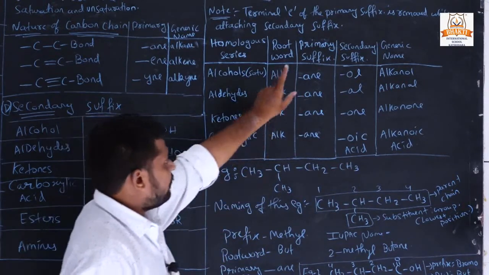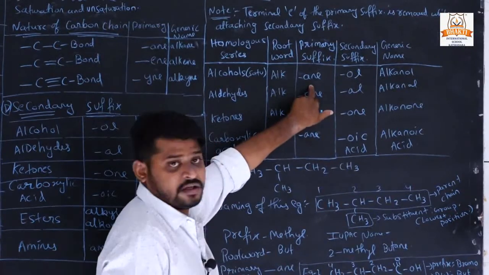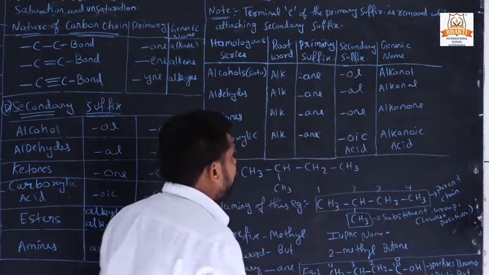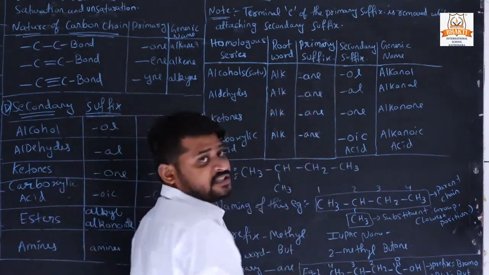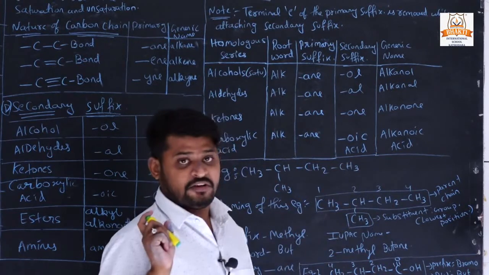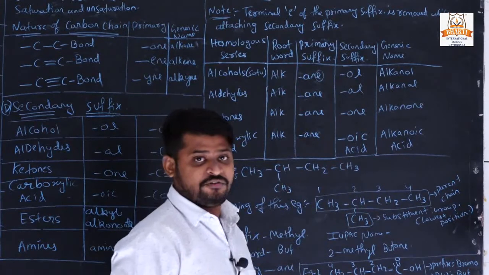The primary suffix for alcohol is ane, and the secondary suffix is ol. So when primary and secondary suffix are both attached, what will happen? We have to remove E from the primary suffix.